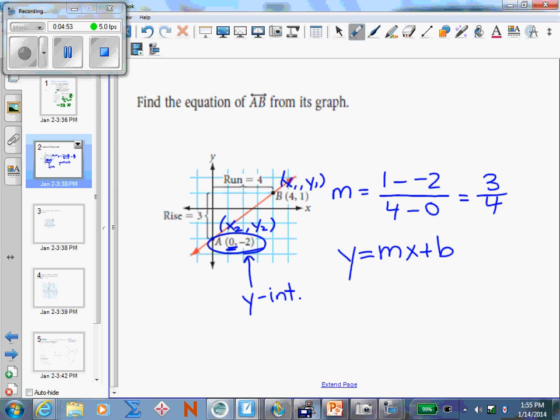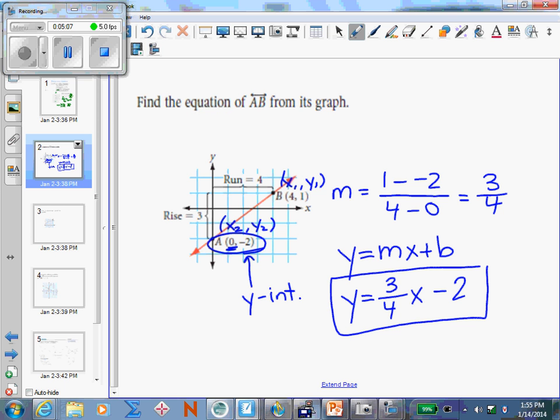That's how you know it's linear. So now we just need to fill in our information. We've calculated the slope to be 3/4 and we calculated the y-intercept to be -2. So we have written the equation of the line that goes with those two coordinate points.